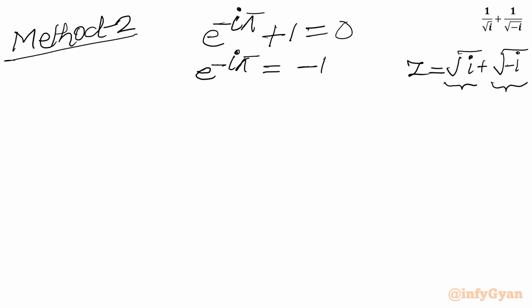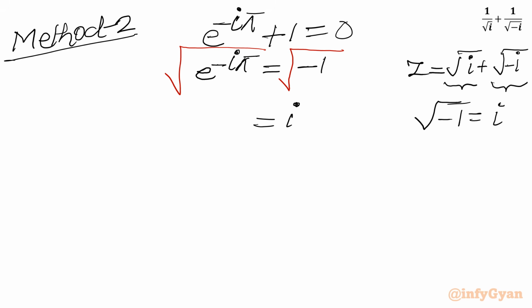Now I will consider the square root of both sides. The square root of negative 1 is equal to i, so the right hand side will be i.